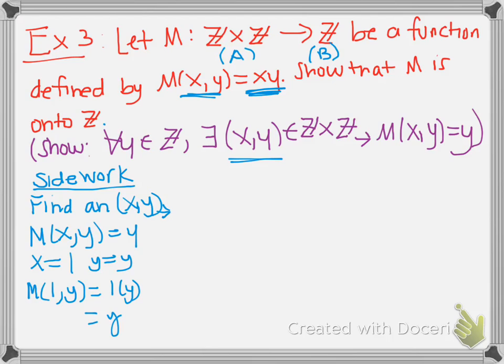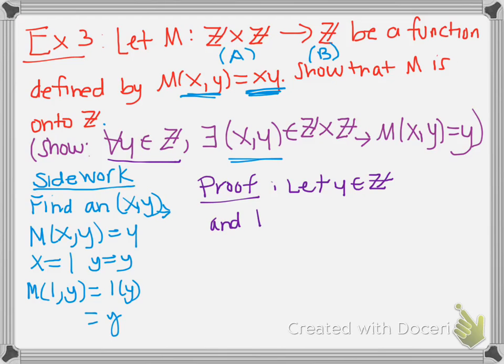Okay. So now we found our value. Now we can do our proof. For our proof, we would say, well, let Y belong to Z. I'm jumping ahead, we have to start here first. Let Y belong to Z, and let XY be equal to 1Y.